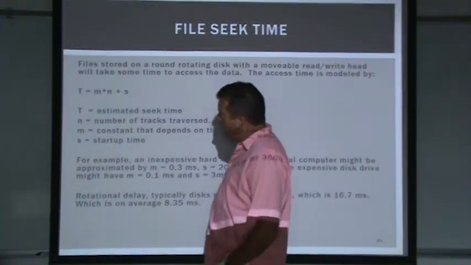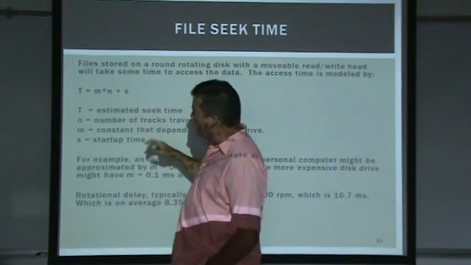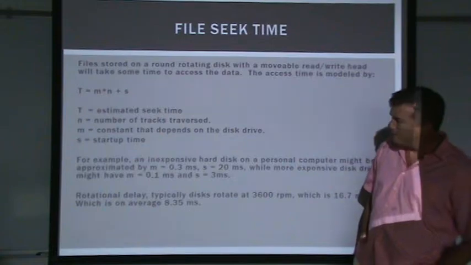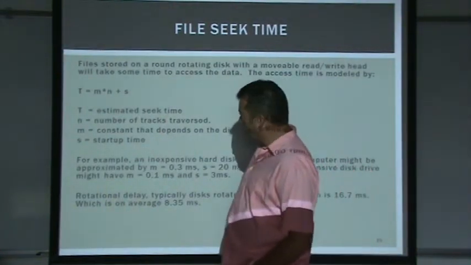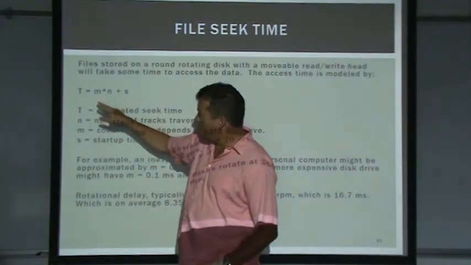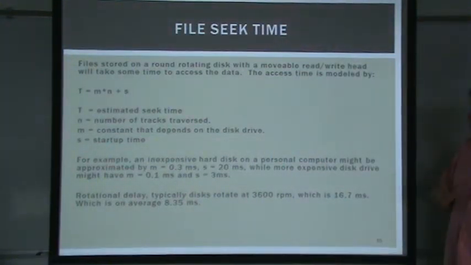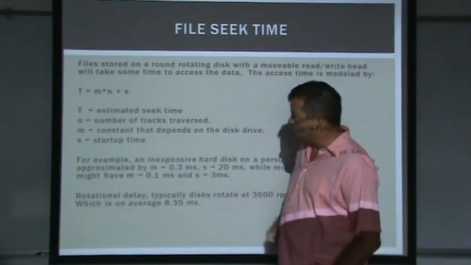So the time it takes to read all of the tracks necessary to get an entire file read would end up being the number of tracks times the amount of time it takes to access each. I'm sorry, maybe that should have been broken down into sectors, but sectors or tracks would work out fine.